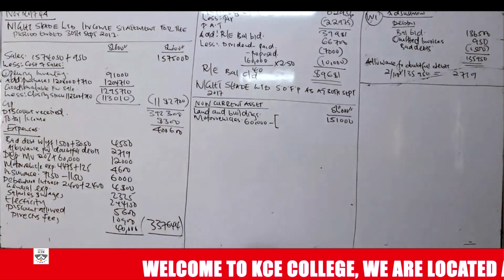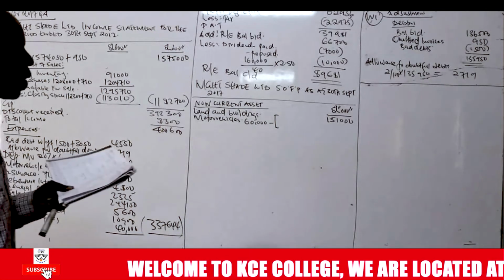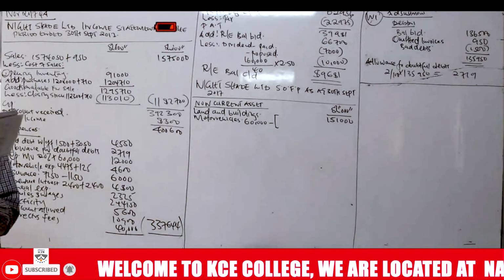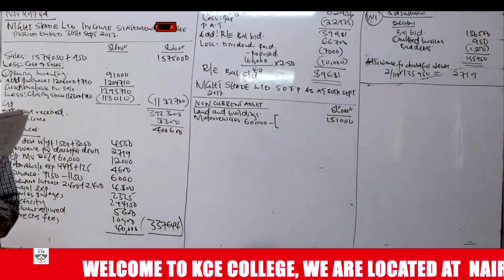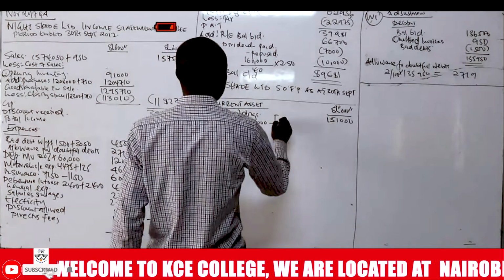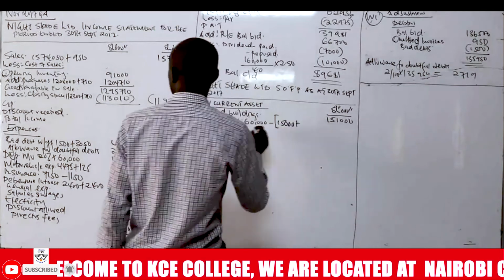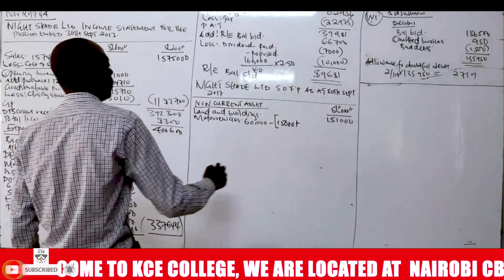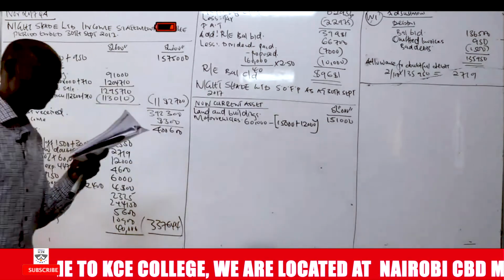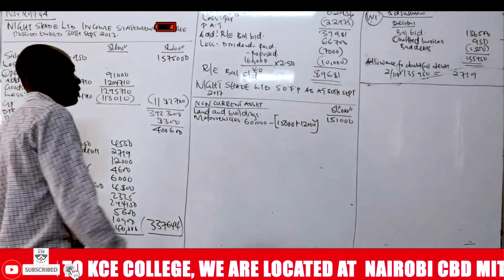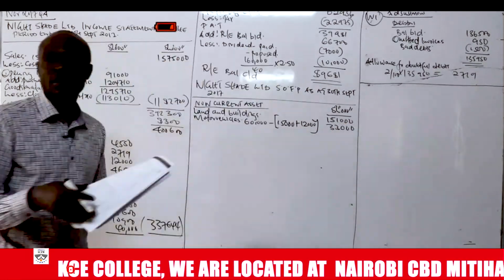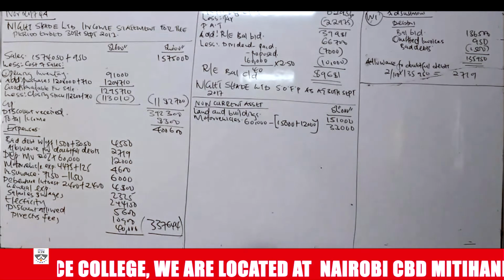The previous one is 15,000 plus the current one, which is 12,000. When you do that computation, what do you get? 33,000. Do we understand each other? Who has a question?